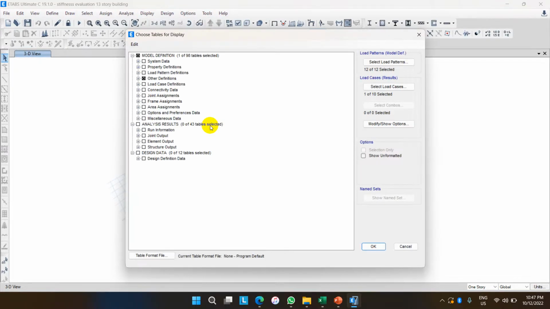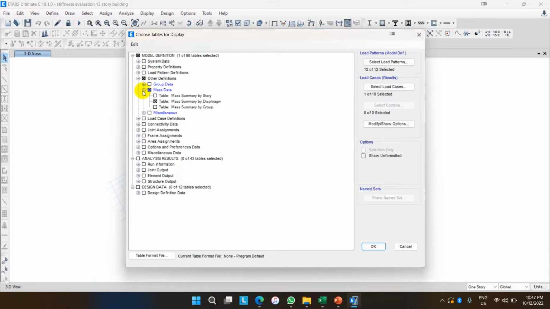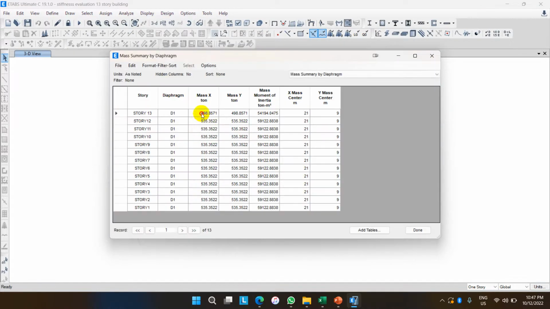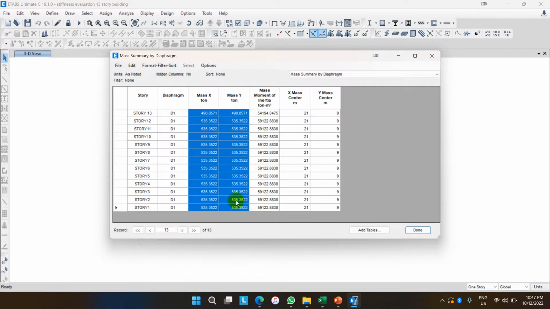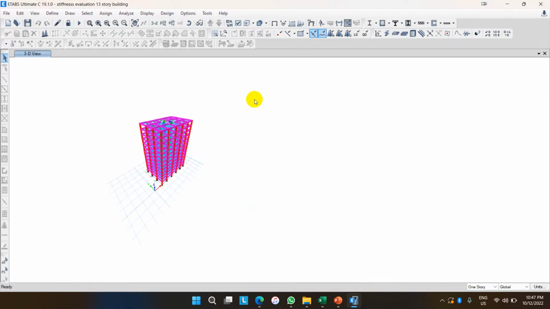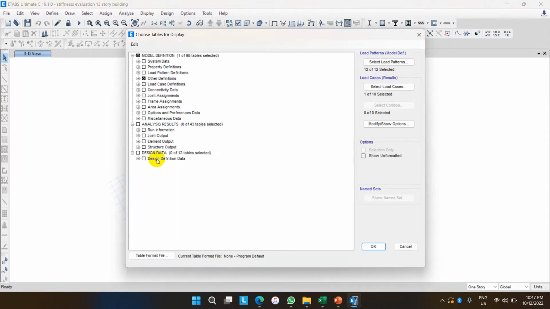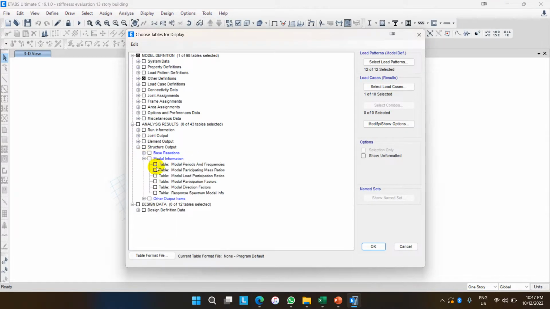If we go into the other definition here in the table, the mass data called mass story by diaphragm, we will be using this mass in the evaluation of story stiffness, and the time period of the structure: display, show table, structure output, model information, like modal period and frequency.